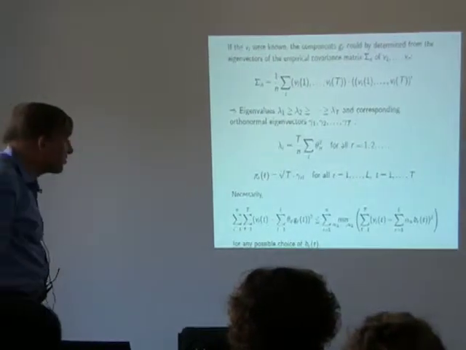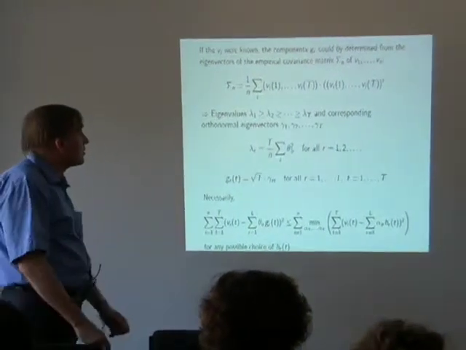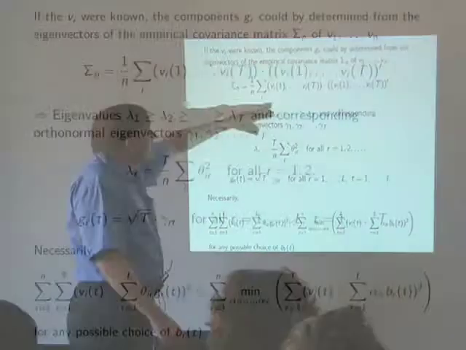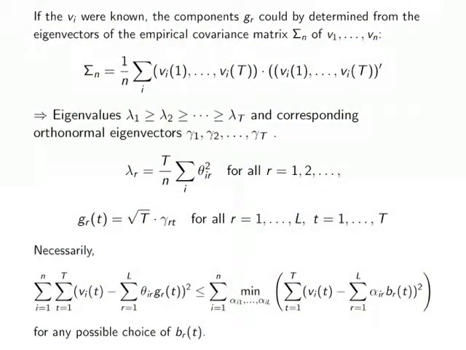Just our normalization is such that they are principal components. So you can form this empirical covariance matrix. Now it's really a matrix because we have the vectors at the observation points 1 to T, at the time periods we observe. We have eigenvalues and corresponding orthonormal eigenvectors. And from this we can get the g's and the lambdas, just according to our normalization. Again, this is the basis property we have seen before.